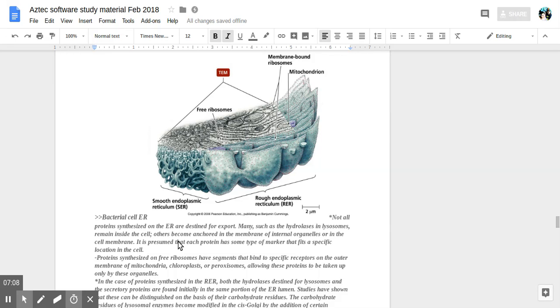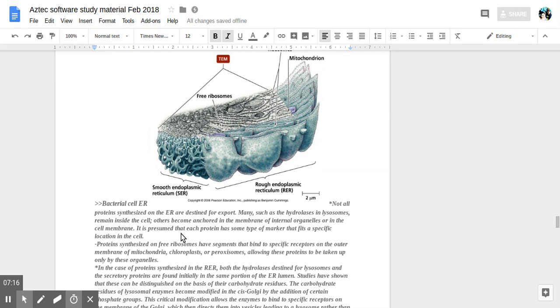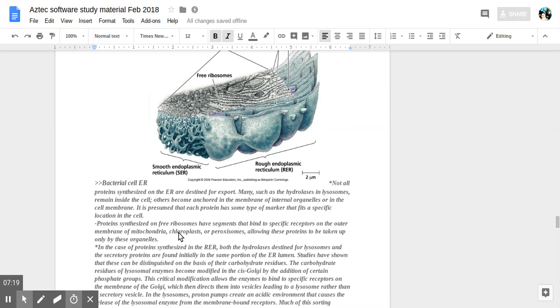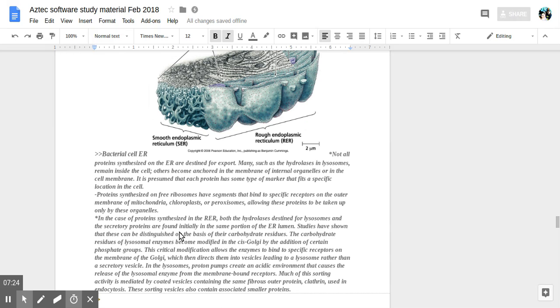In the case of proteins synthesized in the ER, the RER, both the hydrolases destined for lysosomes and the secretory proteins are found initially in the same portion of the ER lumen. Studies have shown that these can be distinguished on the basis of their carbohydrate residues.